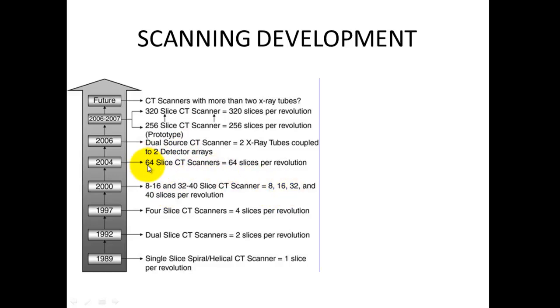Many of the scanners that you might be utilizing out there are still 64 slice scanners. We've moved on to dual source scanning, where you actually have 2 X-ray tubes. And we've continued to increase our coverage of anatomy in what's known as the Z direction, going from head to toe.